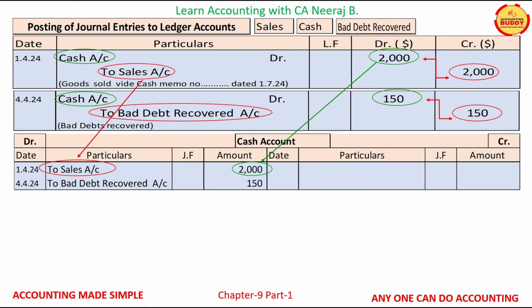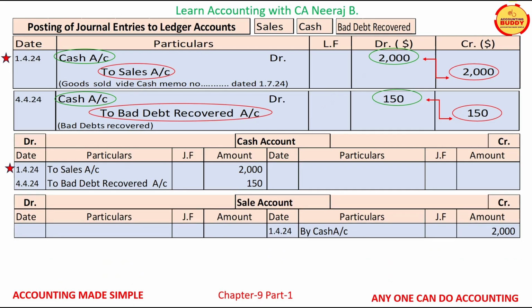The entry is posted in the cash ledger account on the date of the transaction. Since sales account is credited, the entry will be posted on the credit side of the sales account with $2,000 by writing the words "by cash account". The entry is posted in the sales ledger account on the date of the transaction.